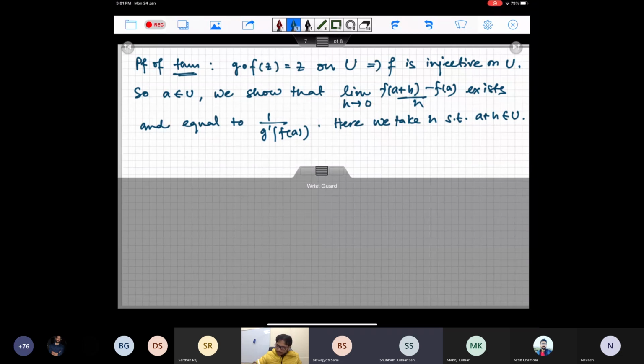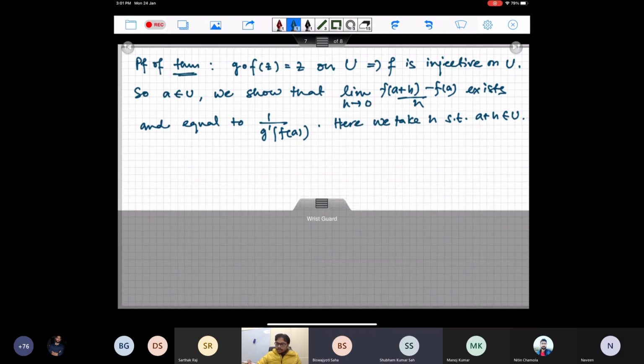Now you tell me one thing. H tending to 0. Of course, generally we will not take h equal to 0, because I'm going to get a 0 by 0 thing. So h is not equal to 0 and h is going to 0.